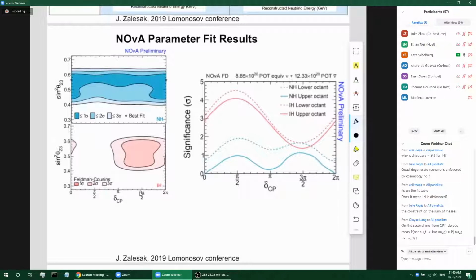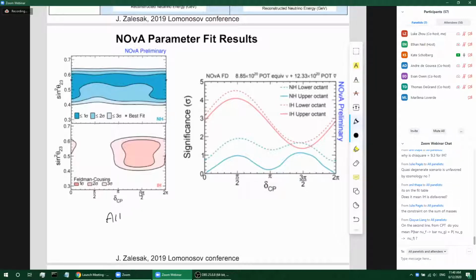And these are the results of that big old fit. And basically, it's less stringent than the current best T2K, but it also favors delta CP of 3 pi over 2, minus pi over 2. So these are favored.